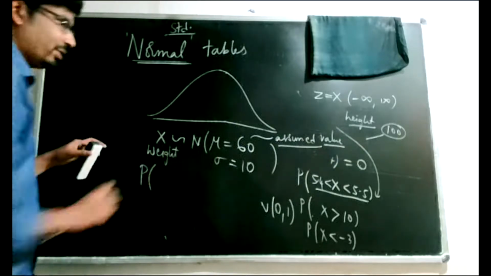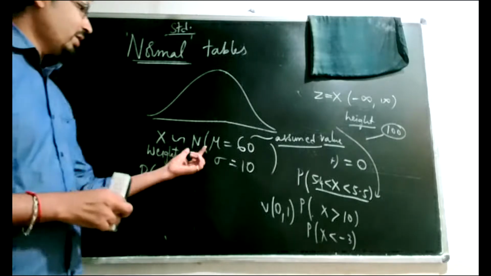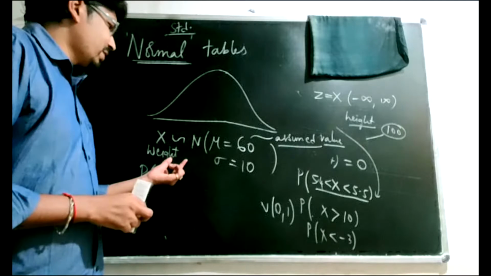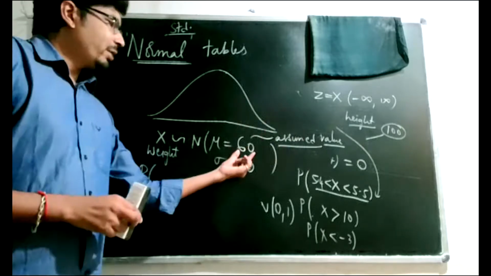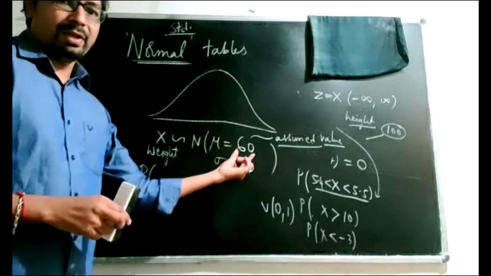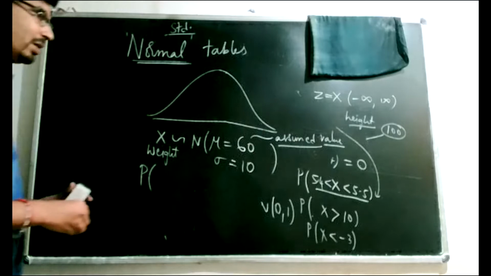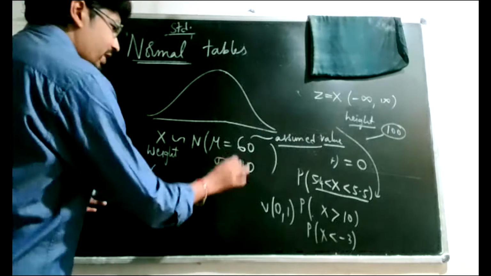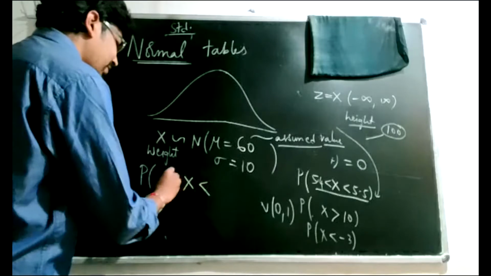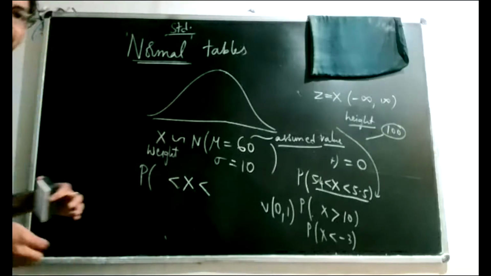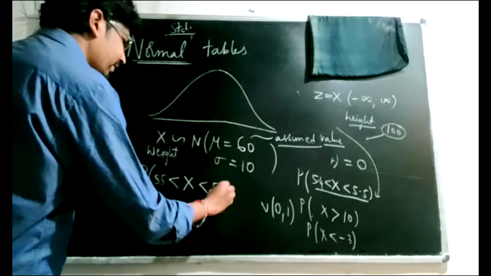This is the scenario. So I have hypothesized that the weight of patients who are healthy and who belong to a particular age group is 60 kgs on an average with a standard deviation of 10. Now, if this is the situation, then what is the chance that I will observe a patient whose weight is exactly in between 55 and 58?